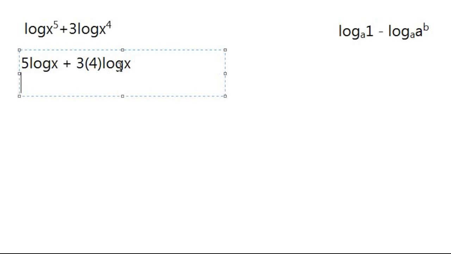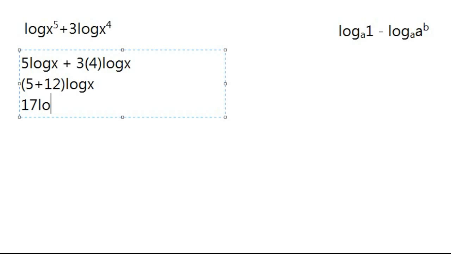Now they have something in common, the log x and the log x. You can simplify by considering log x to be a variable and do normal algebra with it, which gives you 5 plus 3 times 4 is 12, and that times log x, and that is the simplified version, which is 7 log x, and that is the first part.